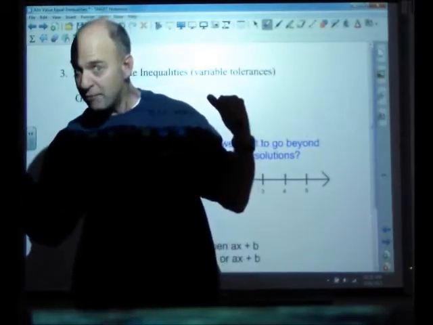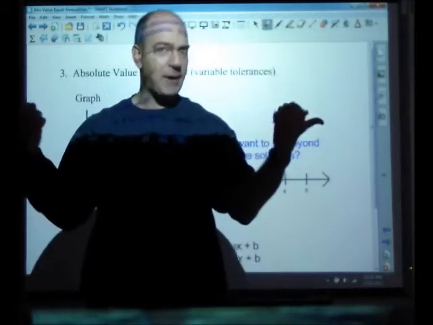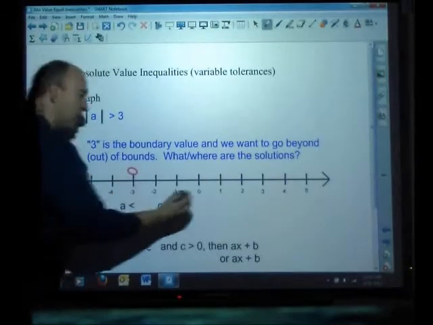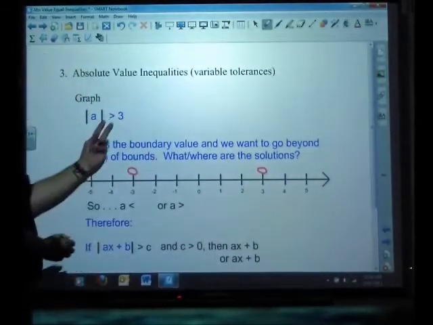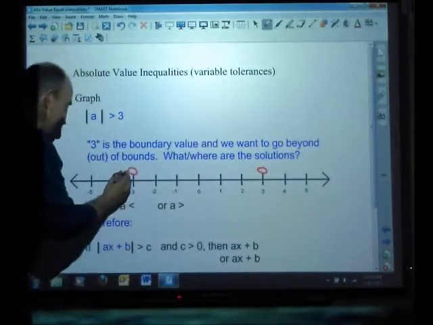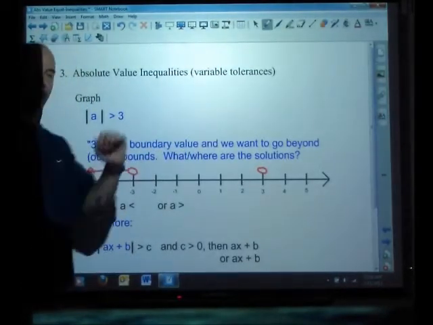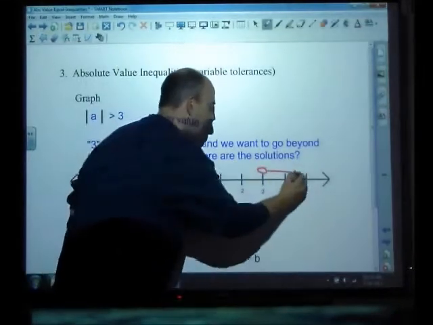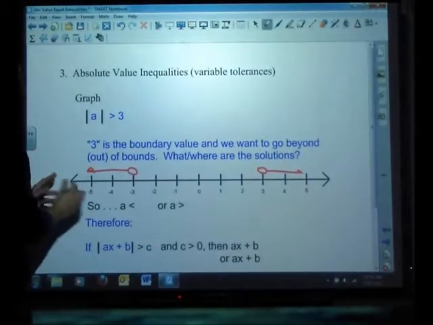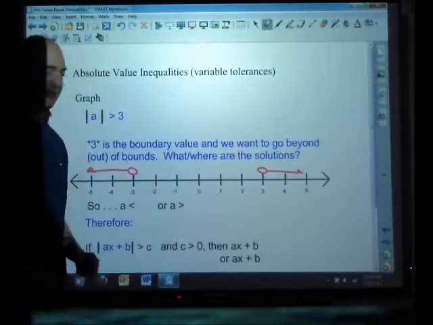Less than the negative boundary or greater than the positive boundary. So the answers would not be at the boundaries. I don't want it to equal 3 away from 0. I want it to be beyond that from 0. So that is only going to happen if I go what I call thumbs out, which would mean less than the negative boundary, or greater than the positive boundary.